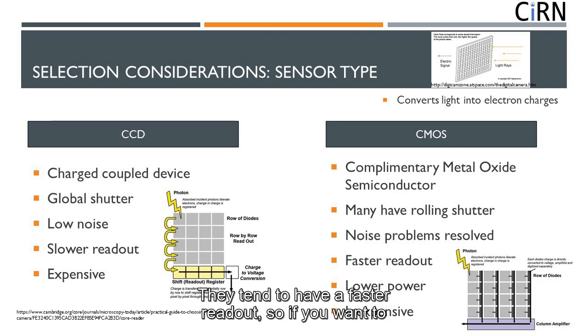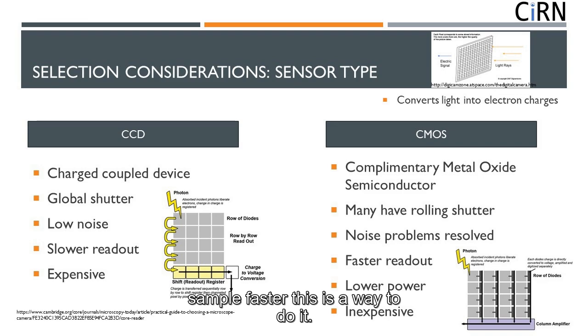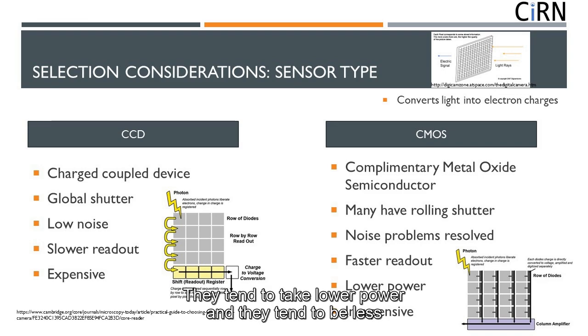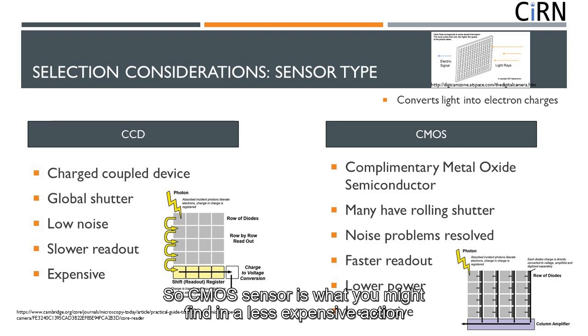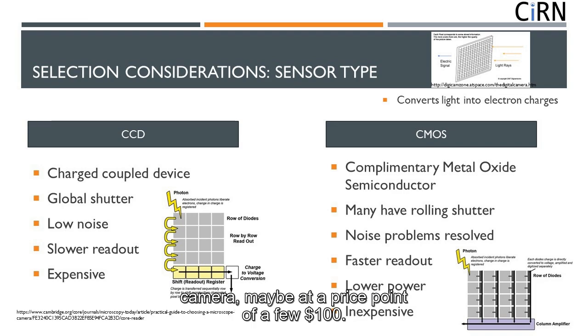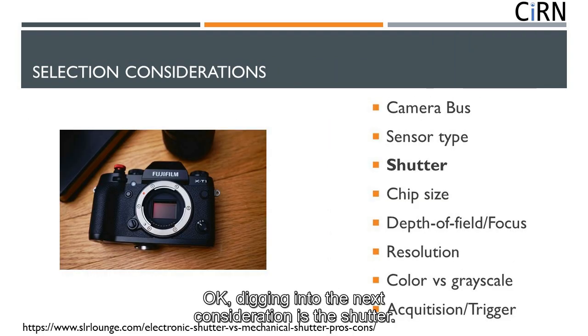They tend to have a faster readout, so if you want to sample faster, this is a way to do it. They tend to take lower power, and they tend to be less expensive. So a CMOS sensor is what you might find in a less expensive action camera, so maybe at a price point of a few hundred dollars.